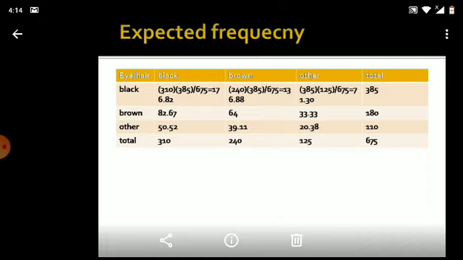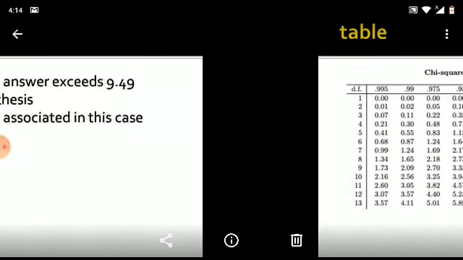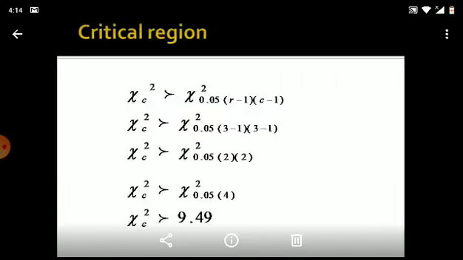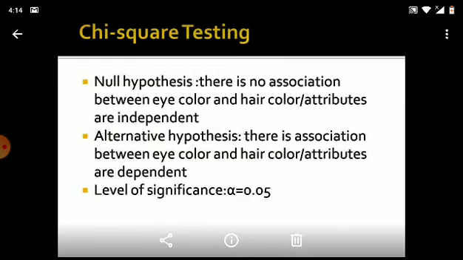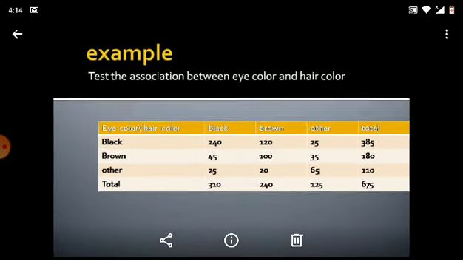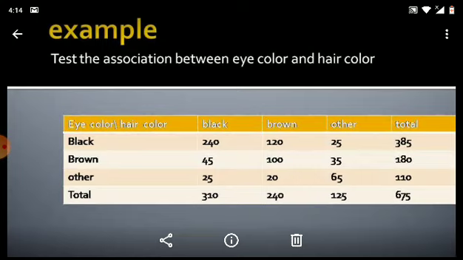Now how to calculate the expected frequency? I'm moving back towards the question. You can see that the first value of observed frequency is 240, and you have to calculate the expected frequency corresponding to this 240 value.